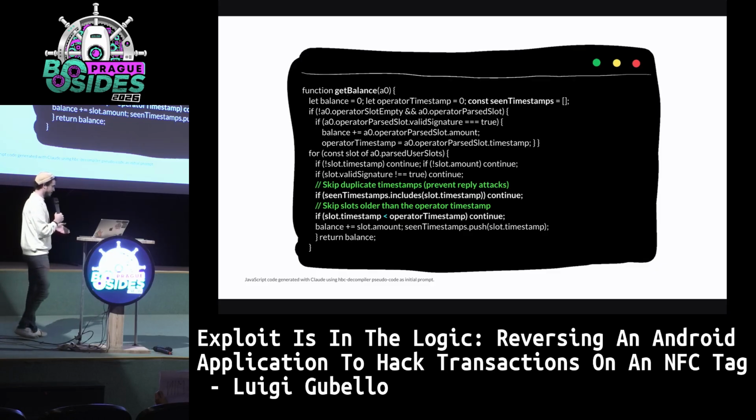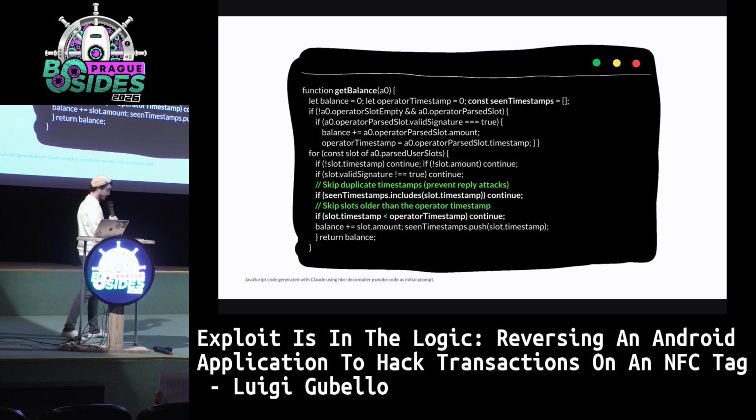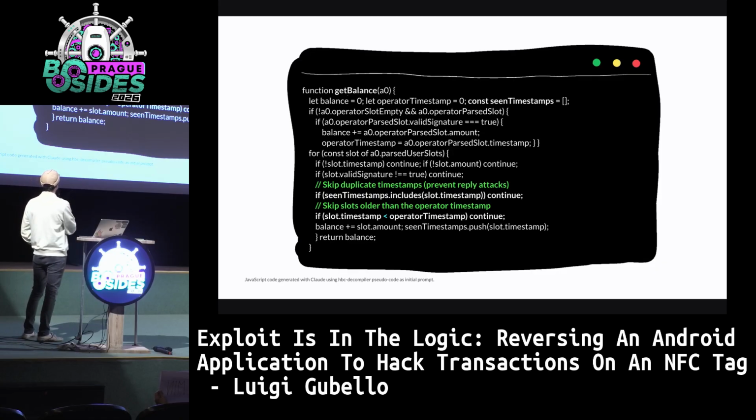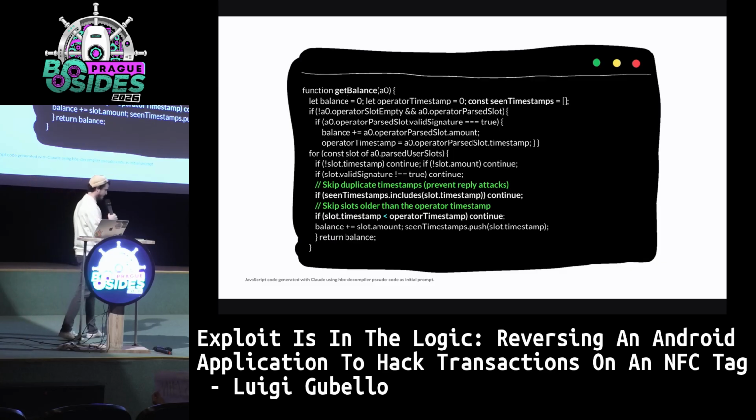Why? Because if we want to replay, to replicate a transaction data, we need to copy the token, the signature for sure, and the timestamp. Just copying this means that our copied data has the same timestamp. So one of the two transactions will be ignored by the application.